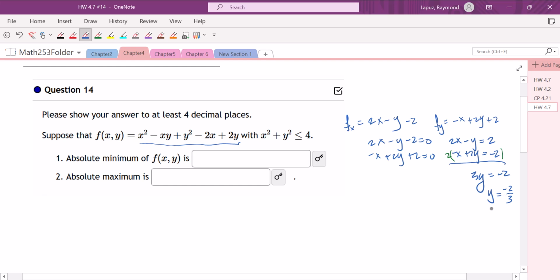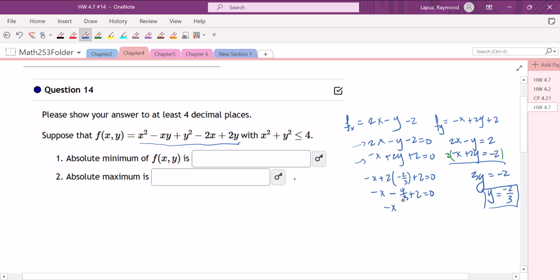Now with that, I can plug this into either equation to solve for x. Let's put it into the second one, minus x plus 2y. That's negative 2/3, plus 2 equals 0. So it's negative x minus 4/3 plus 2 equals 0.